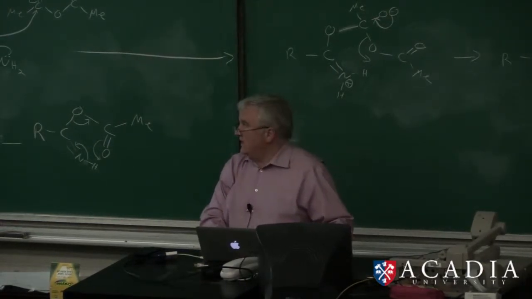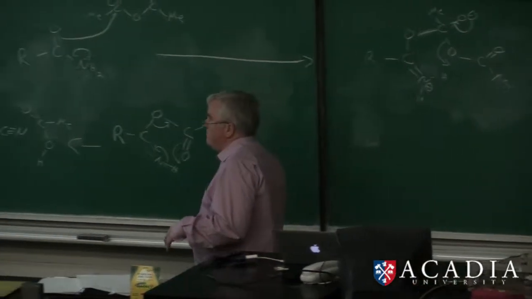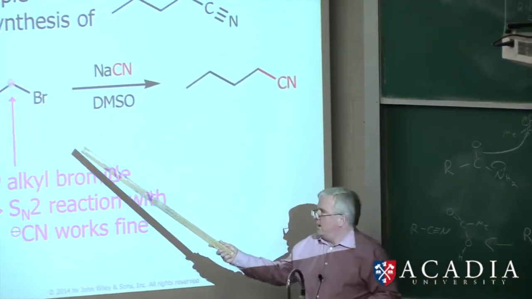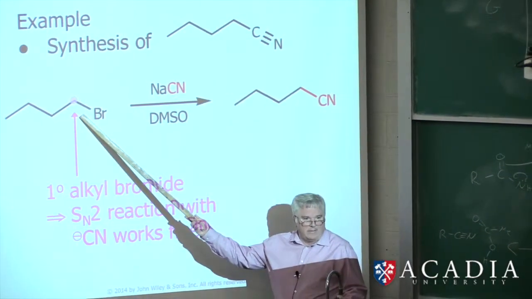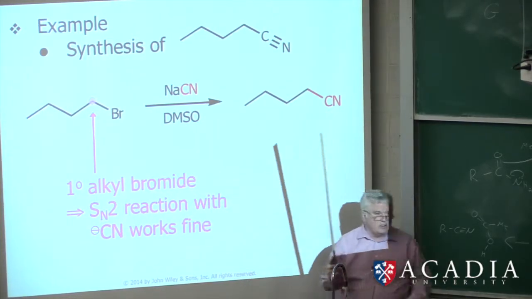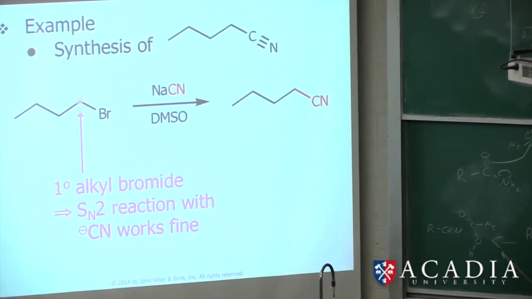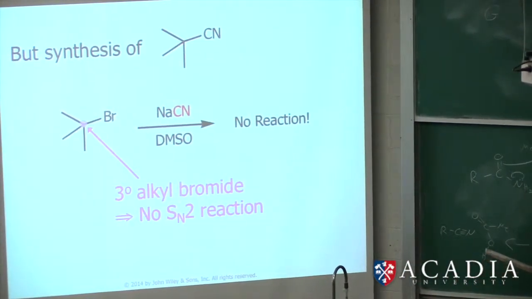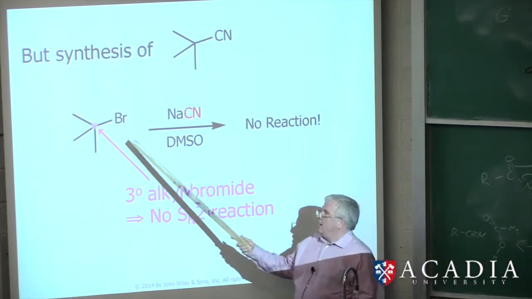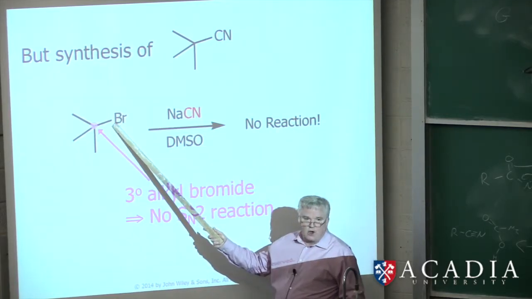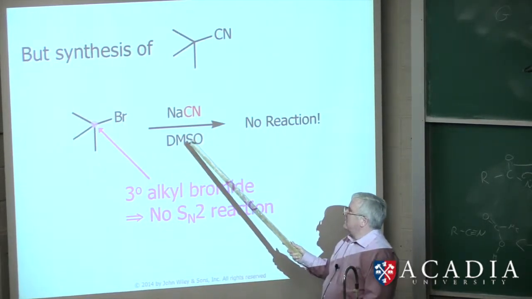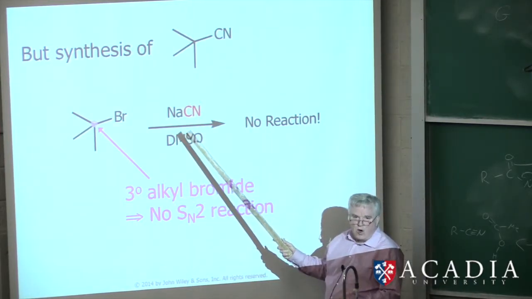Why might we use this? Well, it's easy to make a nitrile from an alkyl bromide when we have a primary alkyl bromide, because this reaction goes under SN2 types of conditions. It's more difficult when we have secondary and tertiary alkyl bromides, because they don't like to go via SN2 mechanisms, and it's difficult to get the conditions such that it favors an SN1 mechanism.